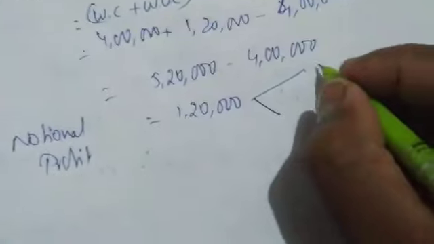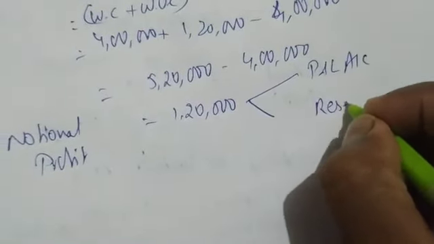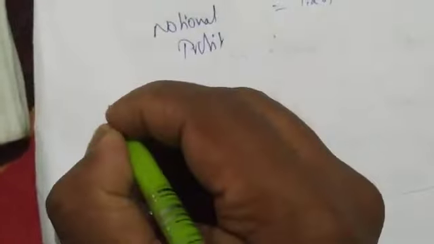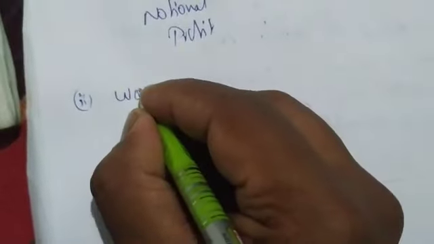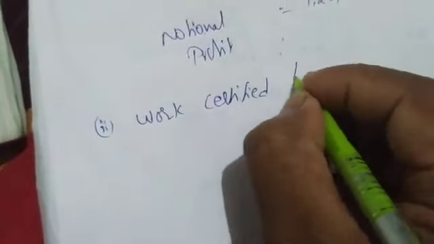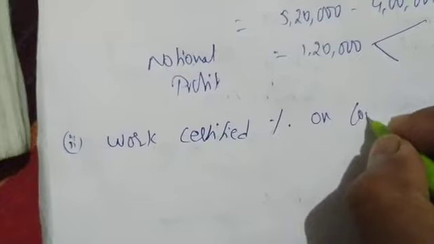How much should be transferred to profit and loss account, and how much should be kept as reserve? This is a big question. Now we have to see the percentage of work certified. This will be based on contract price.